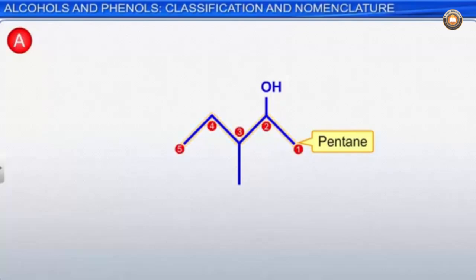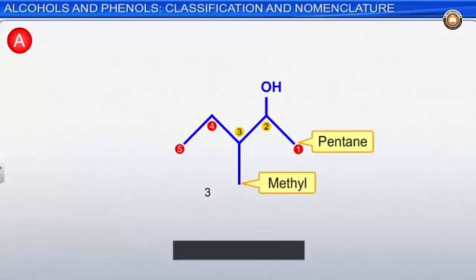Start counting from the right-hand side of the molecule at the end nearest to the hydroxyl group. Notice that the hydroxyl group is on carbon 2. There is a methyl group at carbon 3. So, the correct name of this molecule is 3-methyl-2-pentanol.